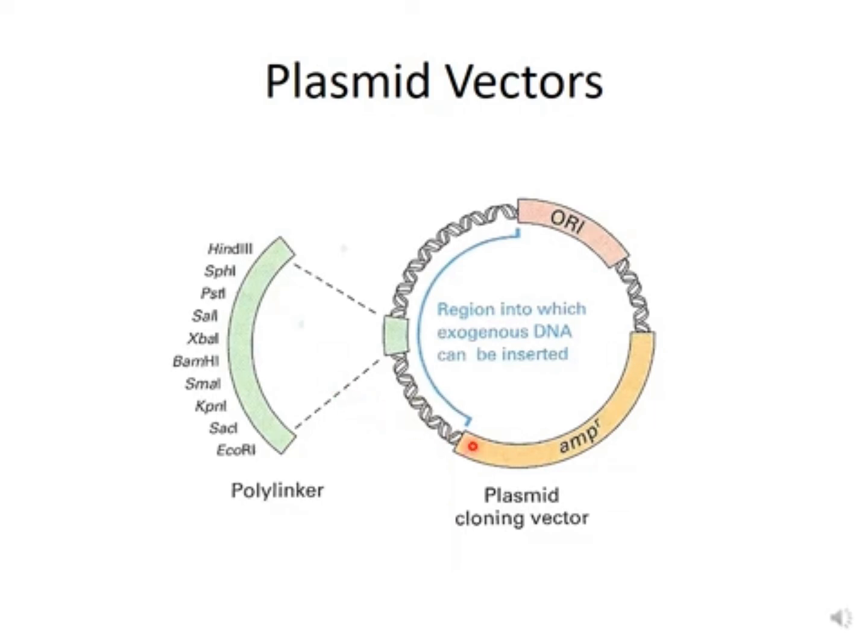The final component of the plasmid vector is a selection mechanism, as we just mentioned. And the reason for this is that we need to know if a bacteria has taken up this vector or not.